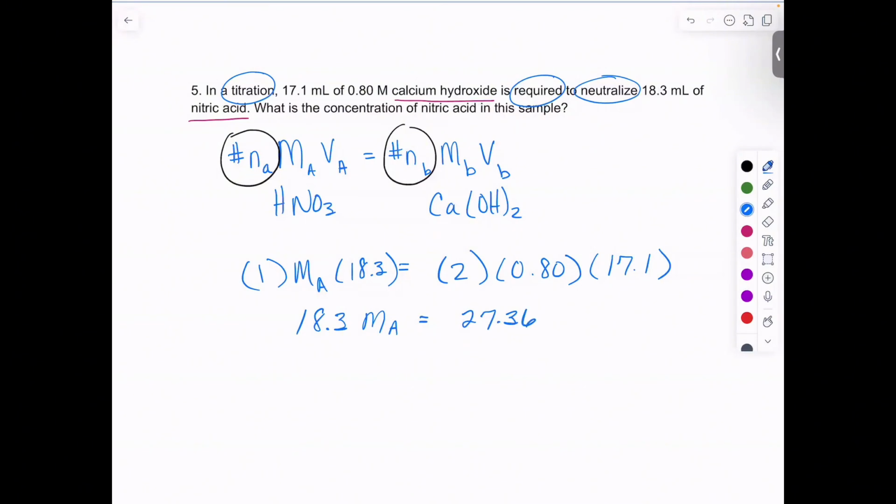And we'll end up dividing because this is a multiplication on the left, and we're just trying to isolate that MA, or molarity of acid. We're going to divide both sides by 18.3. Thinking it's not going to be very much. It's going to be like 1.49. Yeah, I get 1.495.